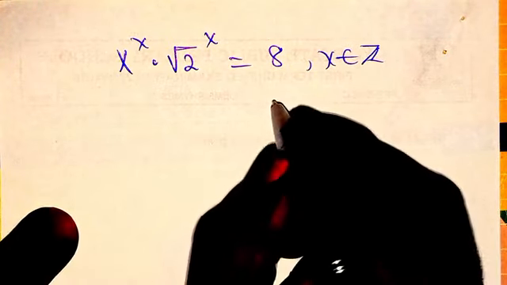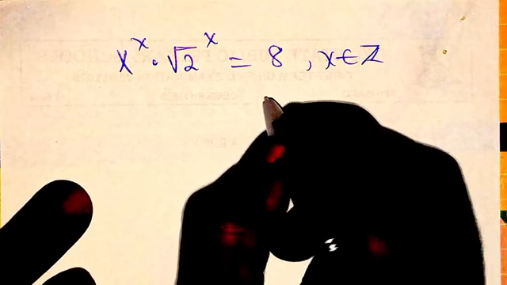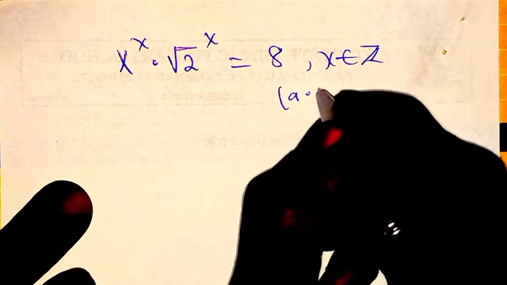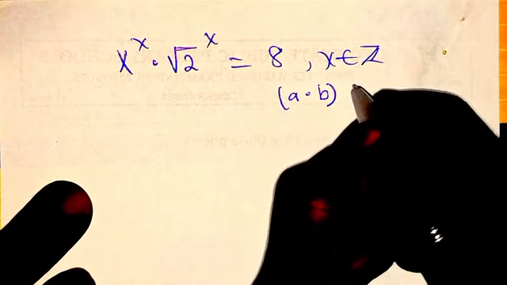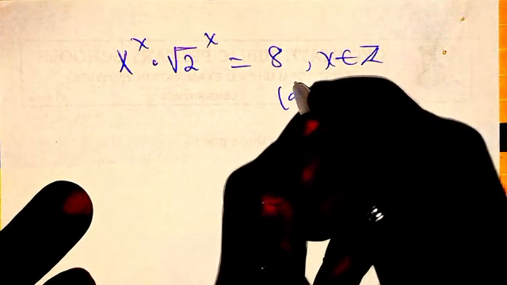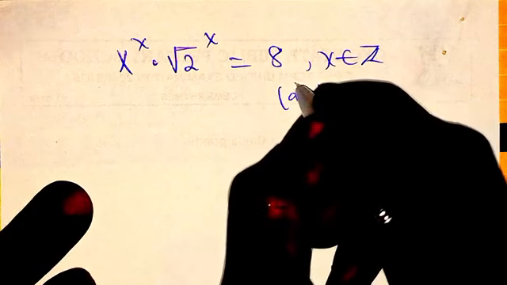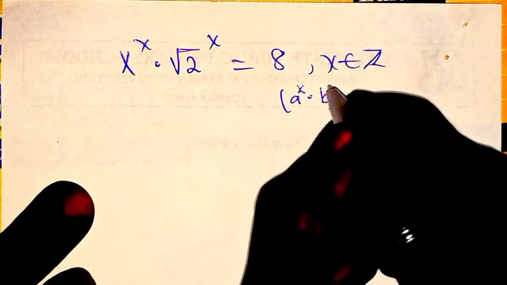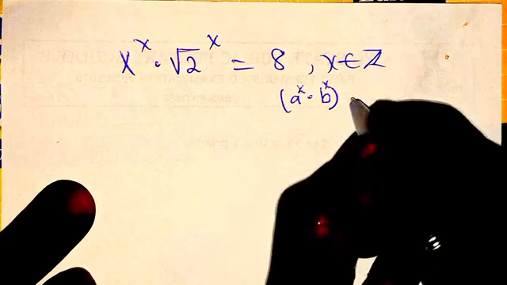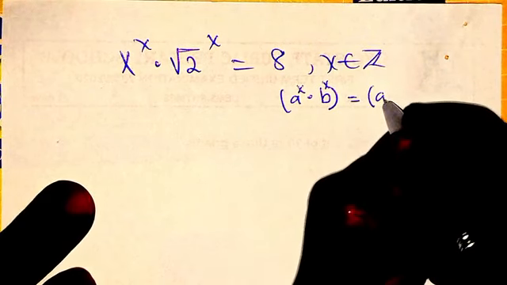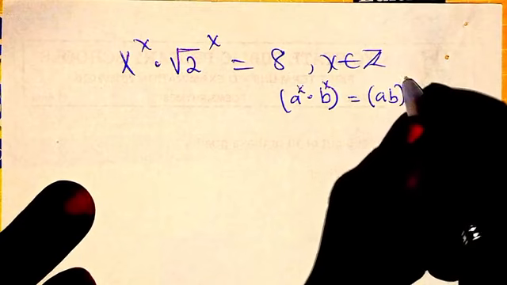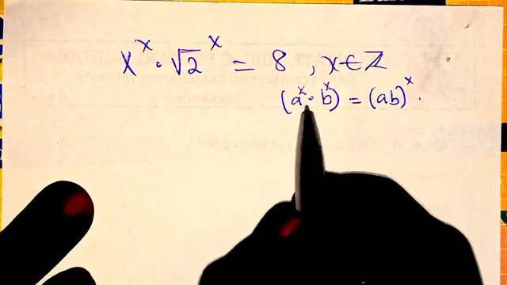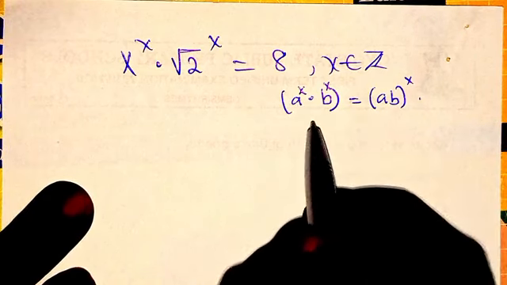First of all, if you remember from the law of indices, when you have a to power x multiplied by b to power x, this will give us (ab) to power x, for the fact that the two have the same power.